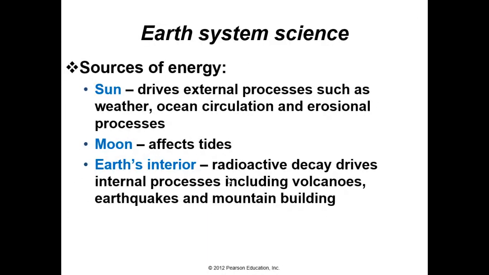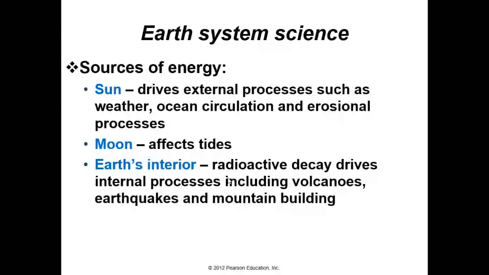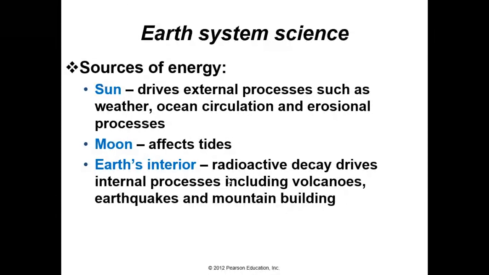As Earth rotates, tides go up and down in the oceans because certain areas are closer to the moon and certain areas are further away from the moon. Thus, the amount of attraction is consistently changing throughout the course of one day. We'll talk about the tides later on as well.